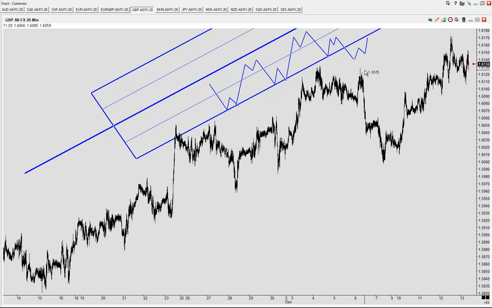If I see that type of configuration, I'll draw in my sliding parallel. I'll see that we've got a constant ceiling up above. I'll see that we have a constant floor down below.